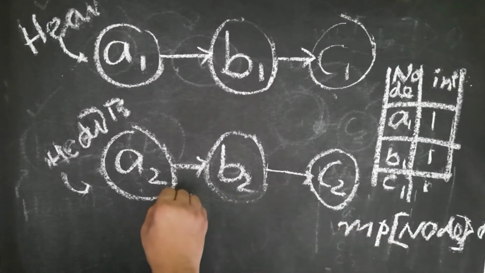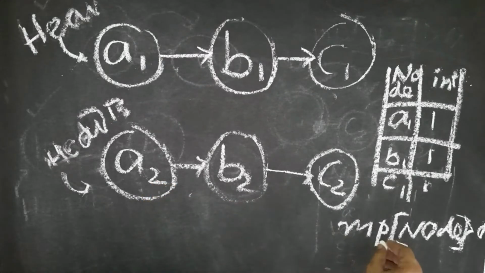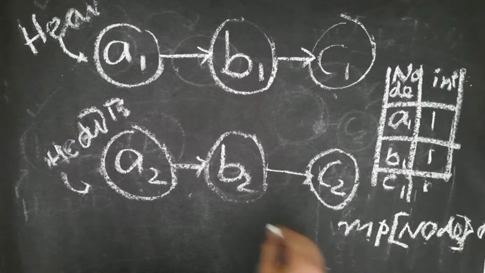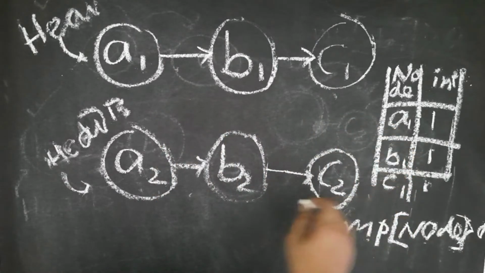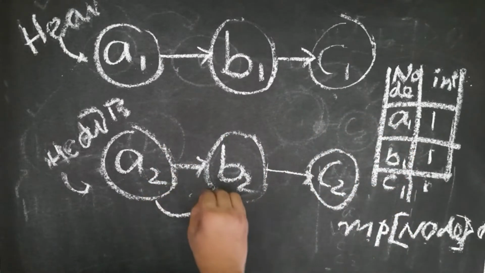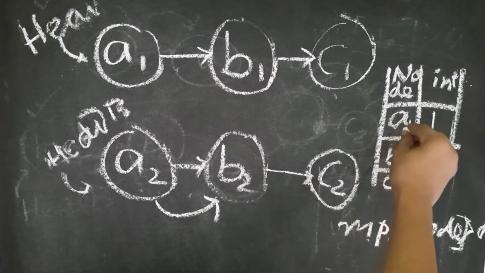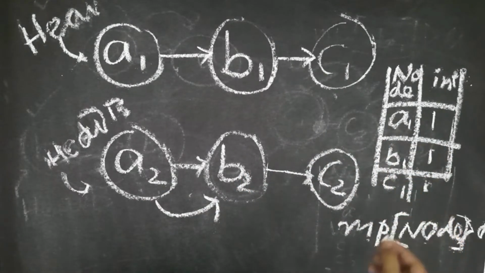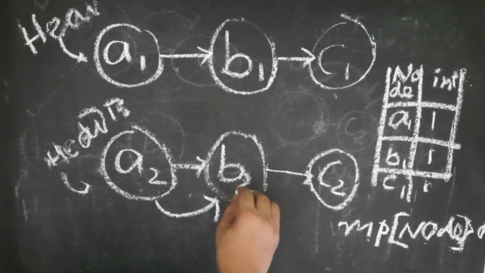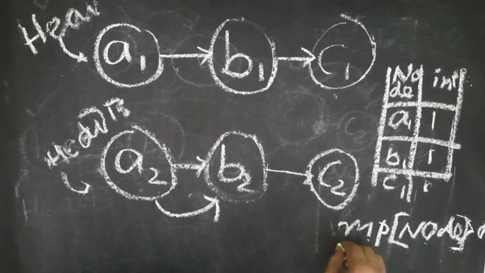But in this case, for A2, MP of A2 is not greater than 0 because it is not stored in the map. Then we check for B2. Is B2 present there? No, B2 is not present. So MP of B2 gives us 0, which is not greater than 0, so that is not intersecting either.